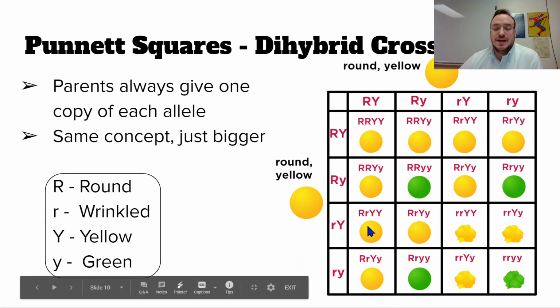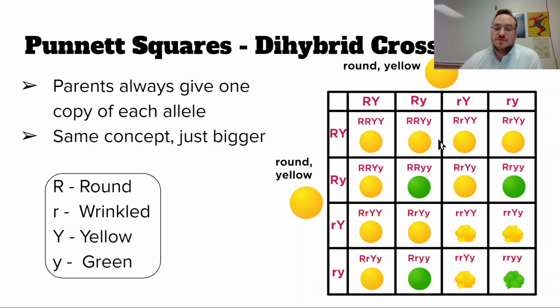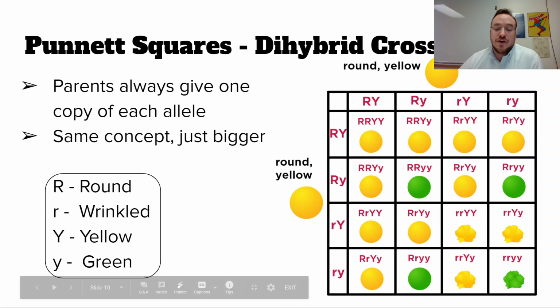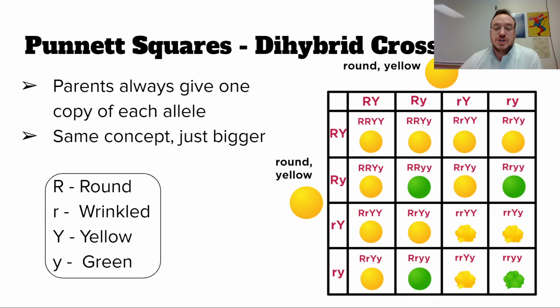So there is a 9 in 16 chance, because there are 4 plus 3 plus 2, that are phenotypically round and yellow. Now there are multiple different genotypes represented there. We've got a homozygous for both alleles. We've got a homozygous for the round versus wrinkled allele, but a heterozygous for the other allele.